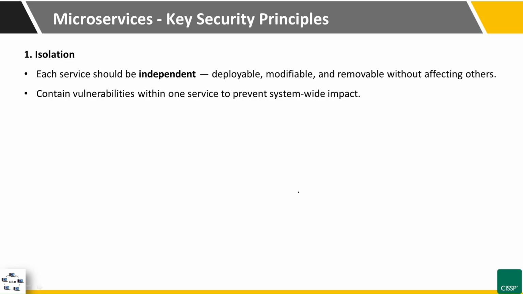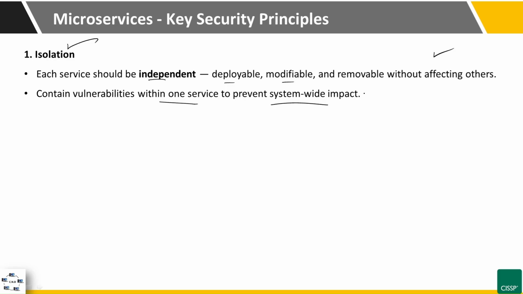What are some key security principles in microservices? First one is isolation. Each service should be independently deployable, modifiable, and removable without affecting other services, and vulnerabilities should be contained within one service to prevent system-wide impact.